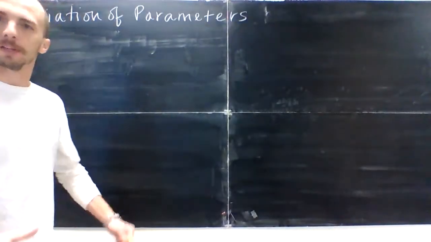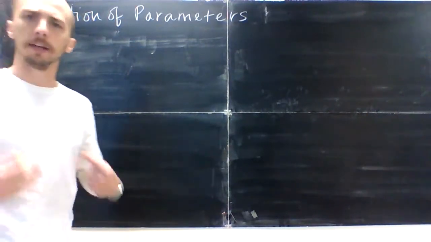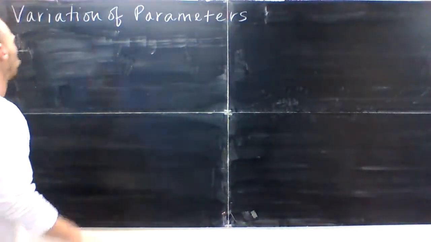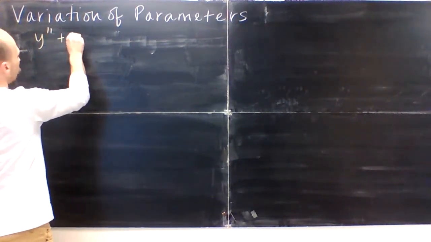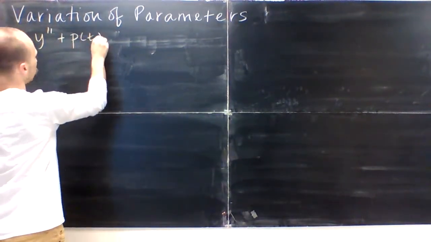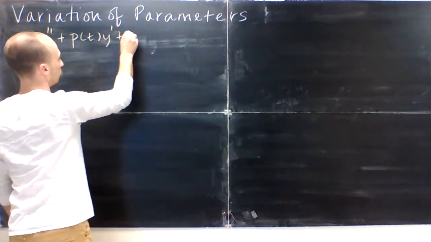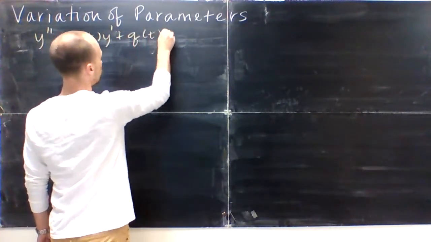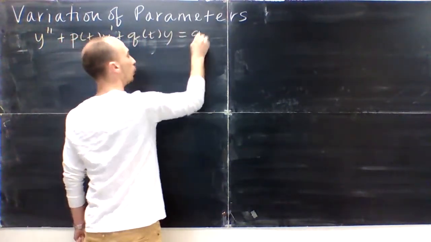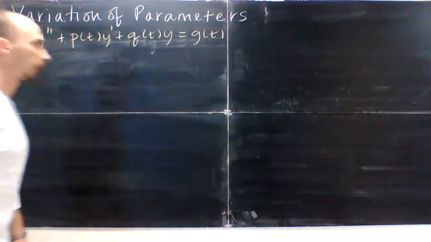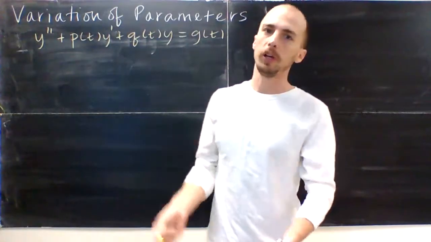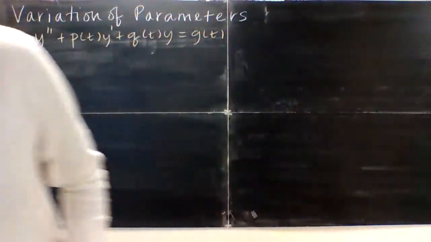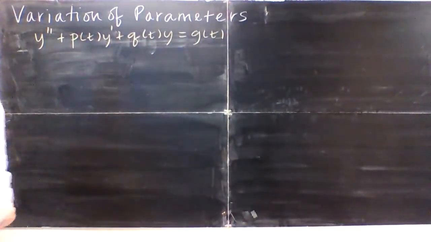All right, so what just happened here? We started with a linear second order ODE, something like y double prime plus p of t y prime plus q of t y equals g of t. And then we said, suppose that we know solutions to the corresponding homogeneous equation.